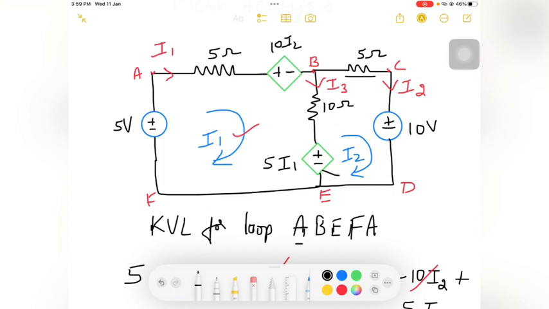If they ask to determine the branch current I3, or the current in the 10 ohm resistor, two currents are coming based on these loops, I1 is positive, I2 is negative. The current flowing through that is I3, the branch current. I3 will be equal to I1 plus, because it is in the same direction as I3, and I2 is coming opposite to I3, so it will be minus.